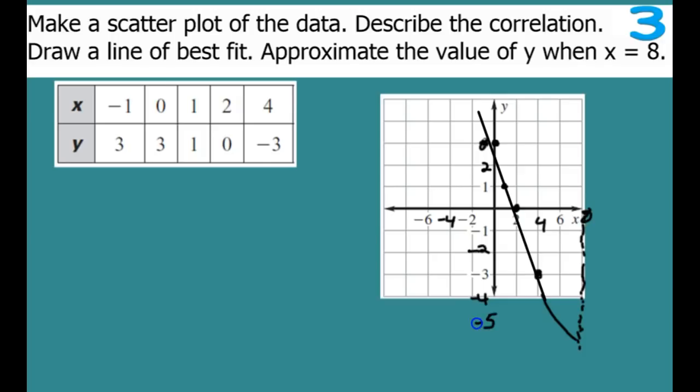We could extend it to -5, -6, maybe -7. So when x equals 8, y would equal about -7. This is just an estimate because we are approximating the value of y. So y equals about -7.